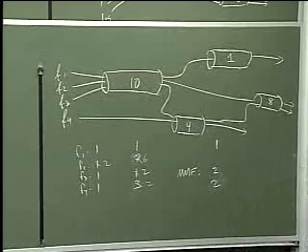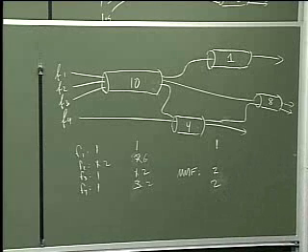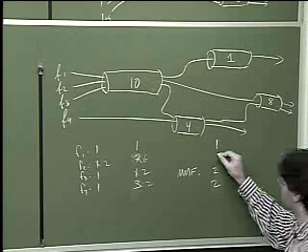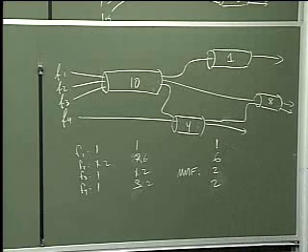F3 is going to get 2. And F2 is going to get 6. Okay, I think this is the maximum fair allocation.